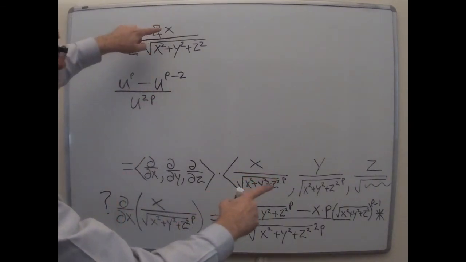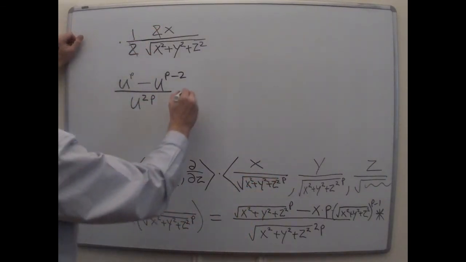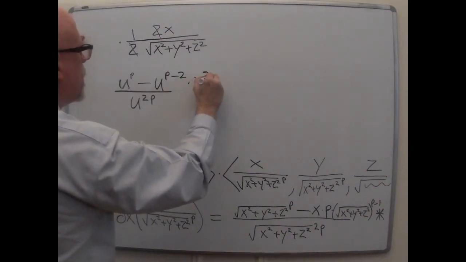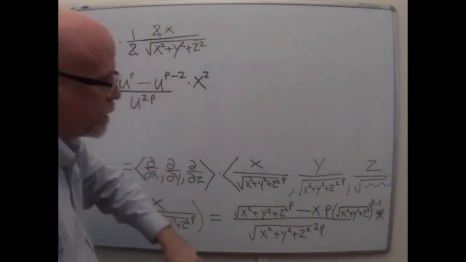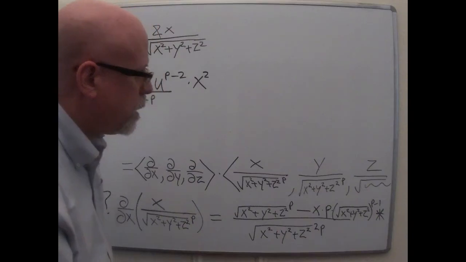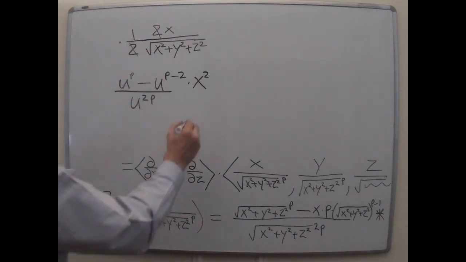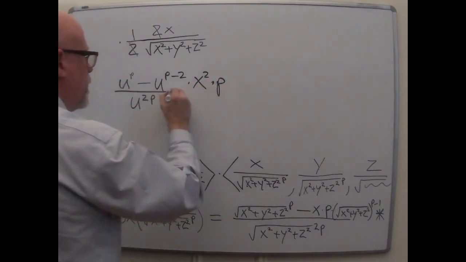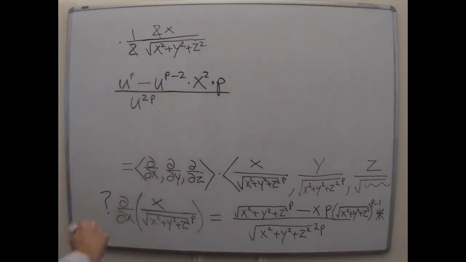There's an x squared that I forgot. There's an x from there, and then there was an x from here. Oh, and there's a p as well. Dang, I'm missing all kinds of pieces. All right, but still, that would be what you get from the x coordinate. The y coordinate would look the same, except it would have y's in it.